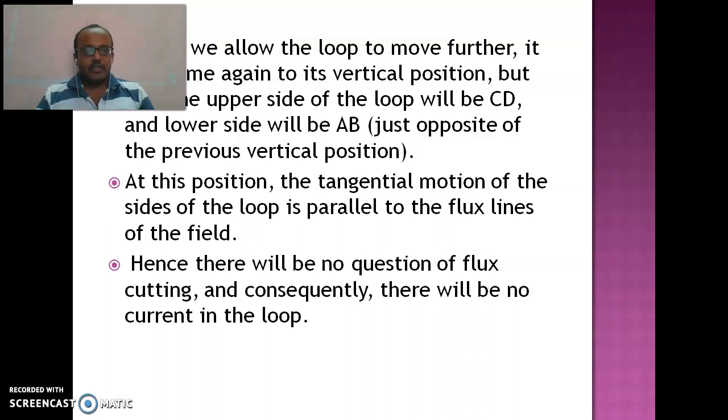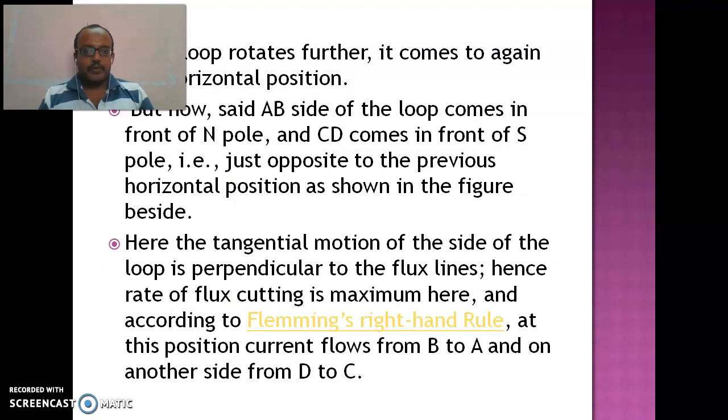At this position, the tangential motion of the sides of the loop is parallel to the flux lines of the field. Hence there is no flux cutting, and consequently there will be no current in the loop.